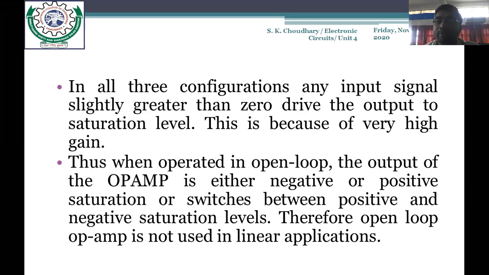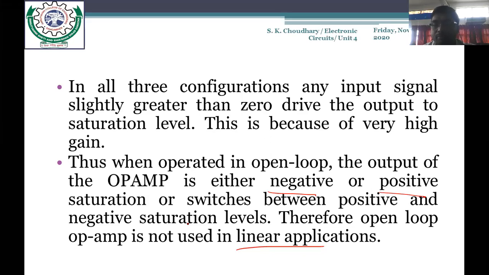We have seen the open loop gain is practically 2 lakh, and ideally it is infinite. So when operated in open loop, the output of the op-amp is either in negative or positive saturation, or switching between the positive and negative saturation levels. Therefore, open loop op-amp is not used in linear applications because the gain is very high. We can't use these configurations for linear amplifiers or linear applications.